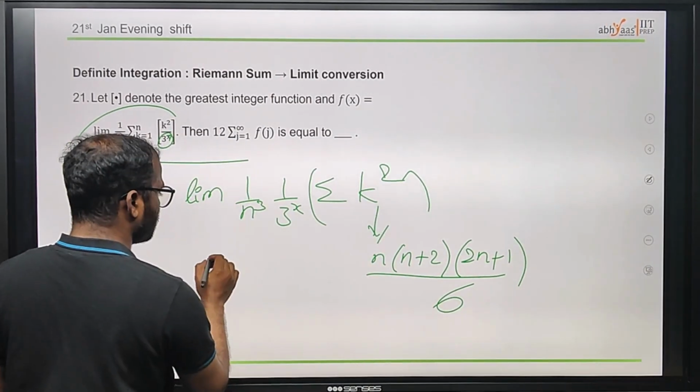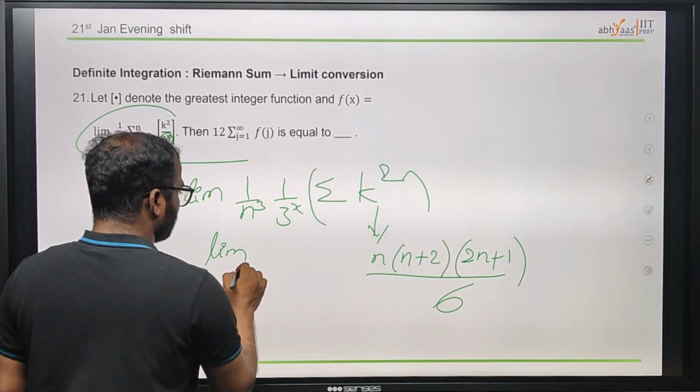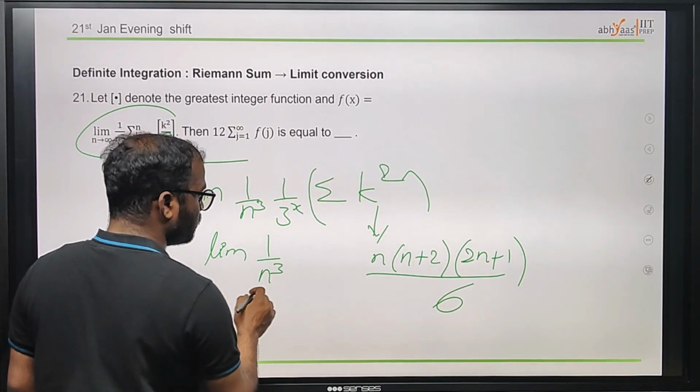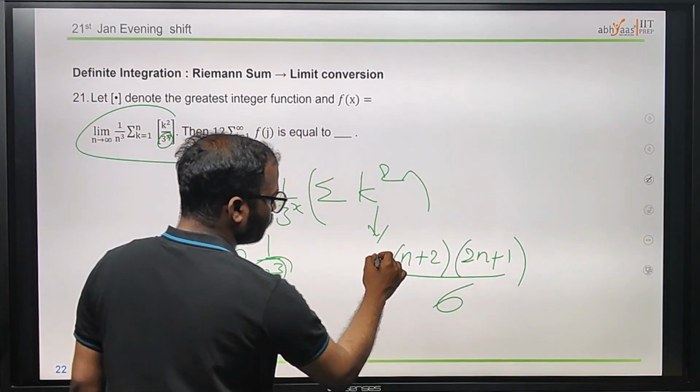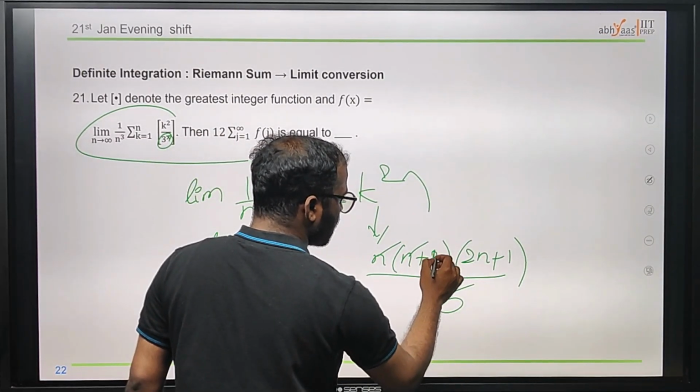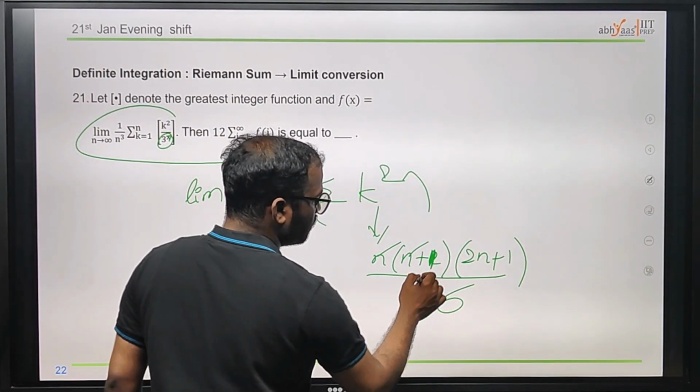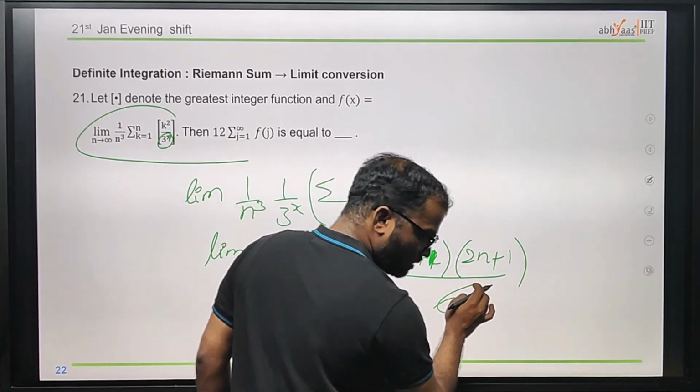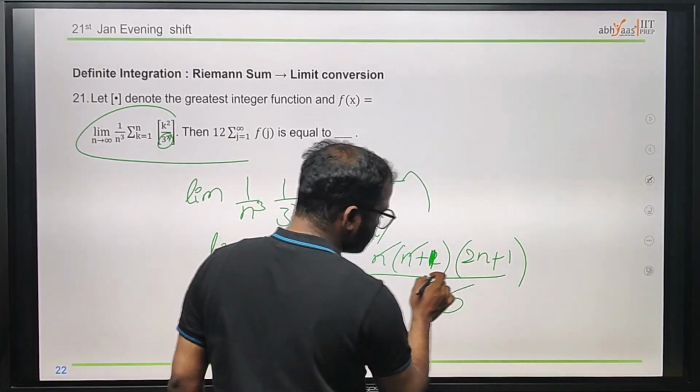Now we have the limit of 1 by n cube. We can cancel this n cube from this one, like here we have n plus 1 and 2n plus 1.